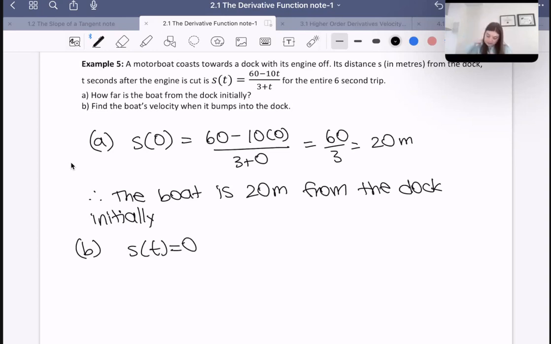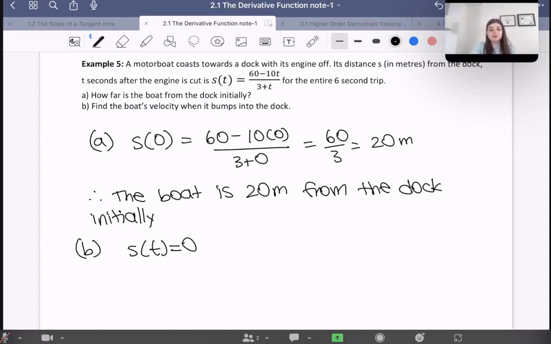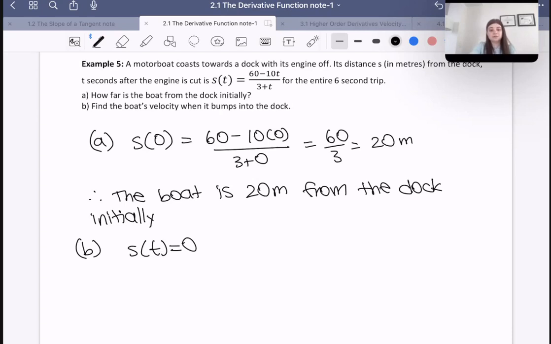And they would like to know what the boat's velocity is at this point, or rate of change, or derivative, in other words. So the velocity is the same thing as the derivative of our original equation here.